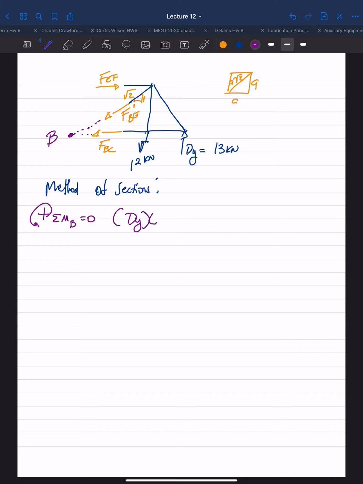And we know what dy is, so I don't have to write dy. dy is 13 kilonewtons times the perpendicular distance, which is 6 meters, minus your 12 kilonewtons times your 3 meters, minus your FEF times 3 meters equals 0. FEF is 14 kilonewtons in compression.